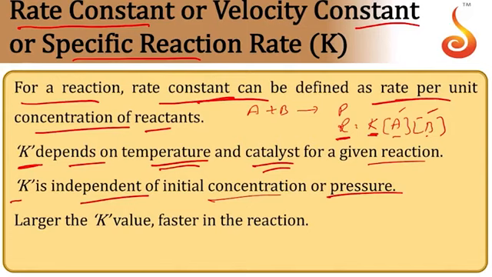A larger value of K indicates that rate is going to be higher, meaning faster rate of reaction. This is regarding the rate constant or velocity constant or specific reaction rate.